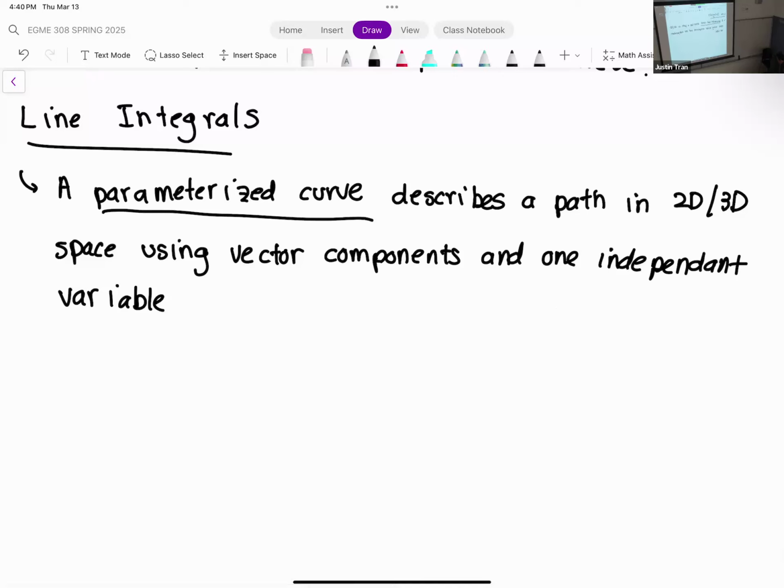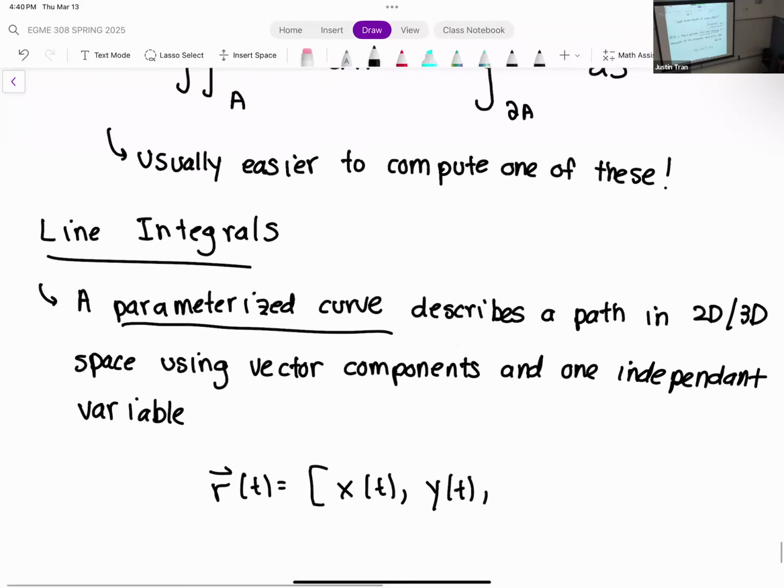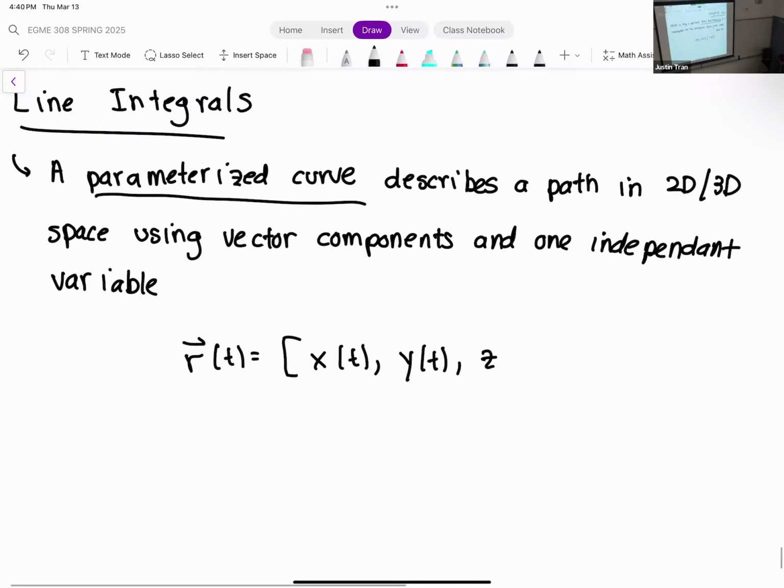Mathematically it looks something like this. Usually for parameterized curves, we use the variable t, because t usually denotes time, and that time denotes the x, y, and z components of where you are in that path at that time t. So we have r of t equal to x of t, y of t, and z of t, where each of these components describes the x location, y location, and z location at a particular time t.